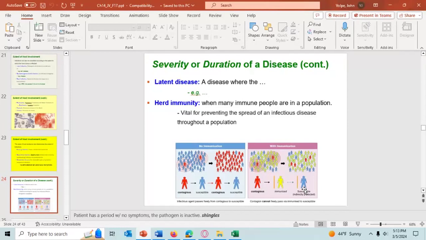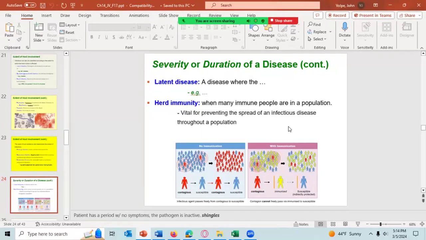And the reason why this virus did this is when the child is now a grandparent and then they have shingles, they will then go and see their grandchildren and then spread the virus to their grandchildren. And that's the way this virus tended to spread. Obviously, it can spread from child to child when they have chickenpox as well. Anyways, that's a latent disease.